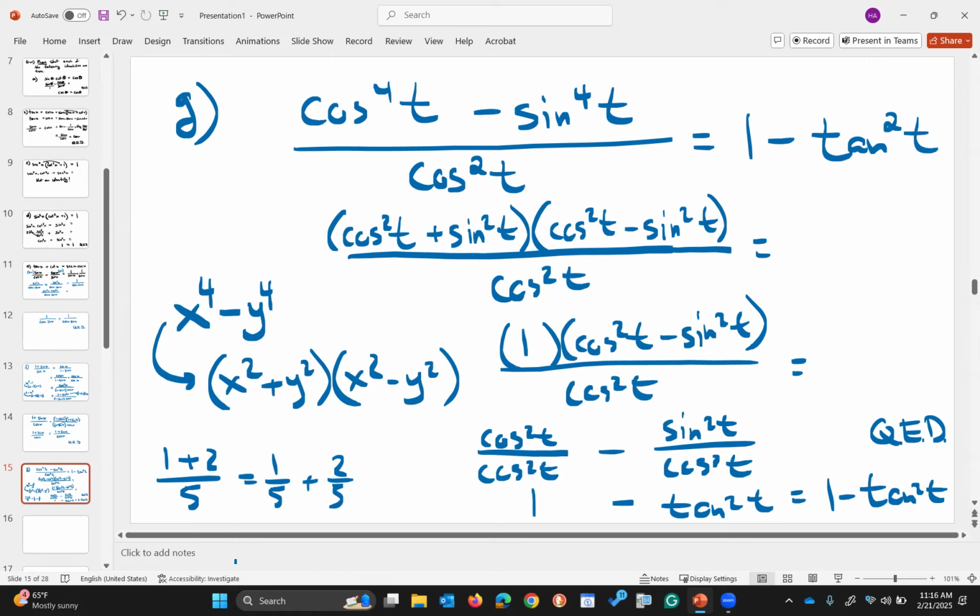I have a question. I was working through this, and I factored cosine to the fourth minus sine to the fourth like this.